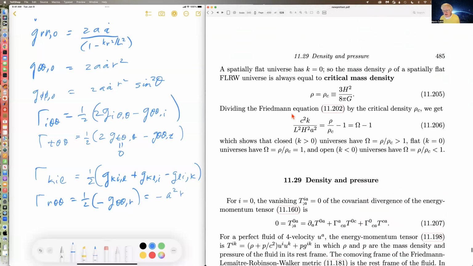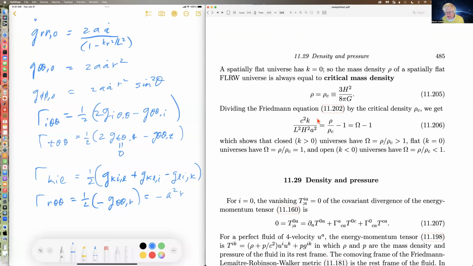And now if we divide the first order Friedmann equation by rho sub c, what we get is this formula here, which looks like a stupid formula, but it's actually very important.